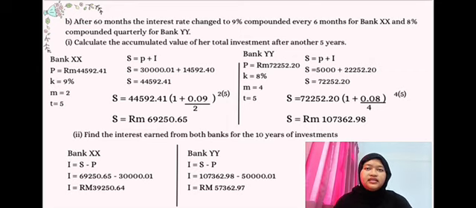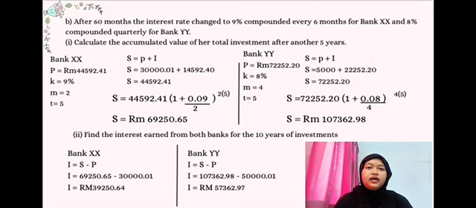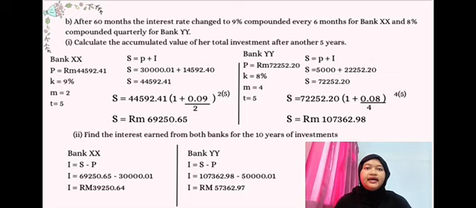K value is 8%, M value is 4, T value is 5. So the answer for Bank YY is S equals 107,362 ringgit and 98 cents.